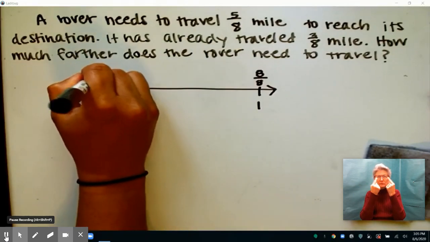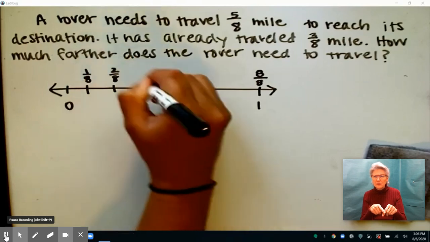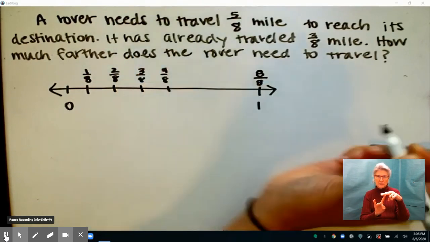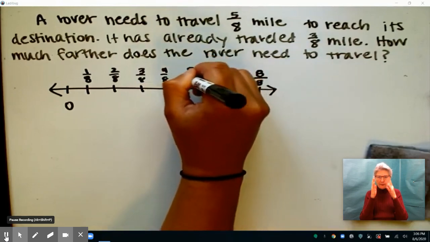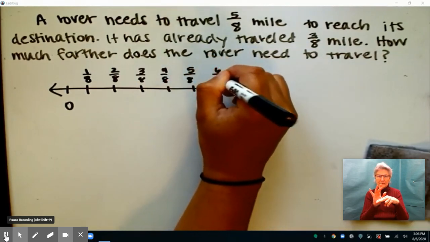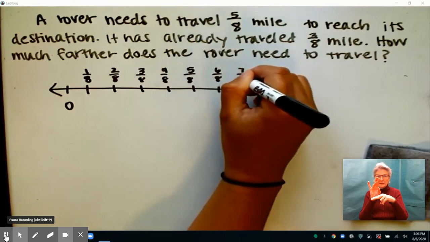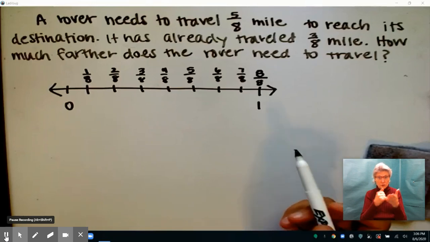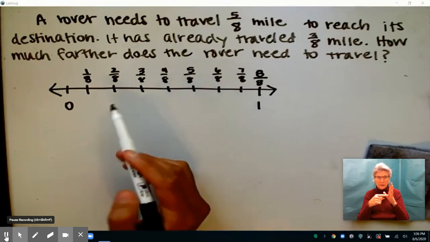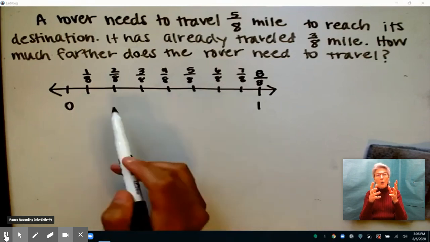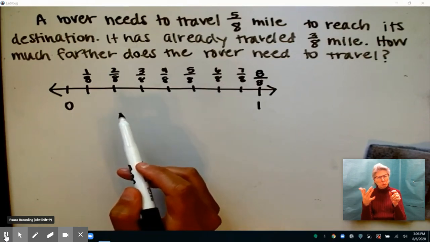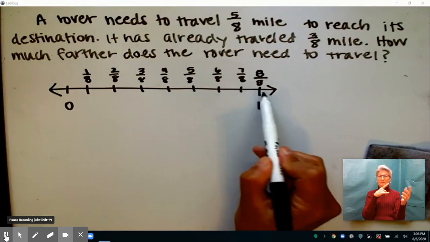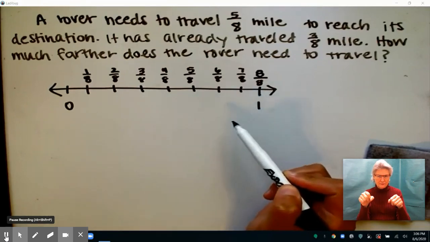So here's 1/8, 2/8, 3/8, 4/8, 5/8, 6/8, and 7/8. Now, again, just like when we draw a fraction strip model or a fraction circle, I want my increments to be close to correct, but if they're not exactly perfect, that's okay. If they're not spaced perfectly, kind of like between my 7/8 and 8/8, that's totally fine.